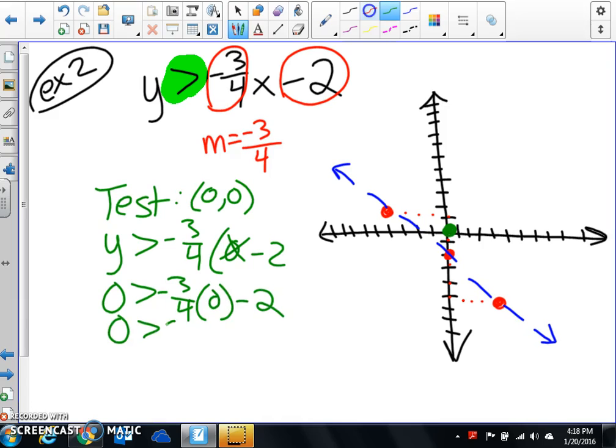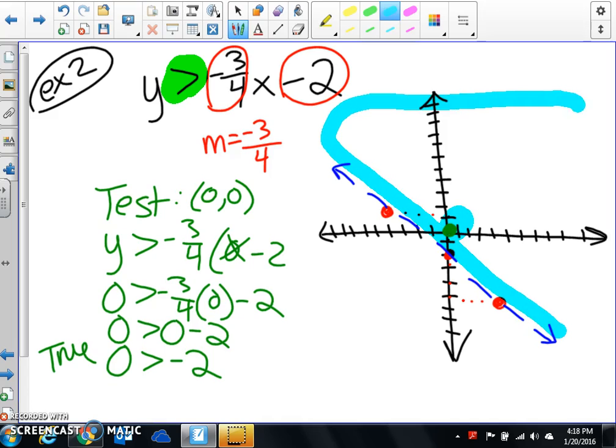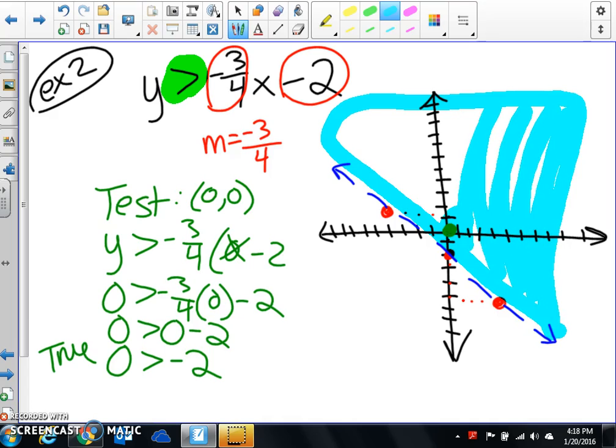Negative 3/4 times 0 is 0. 0 is greater than negative 2. Is that a true statement? Yes, this is true. So since it's true, I want to shade where the point is. And my point is here. So I need to shade above the line.